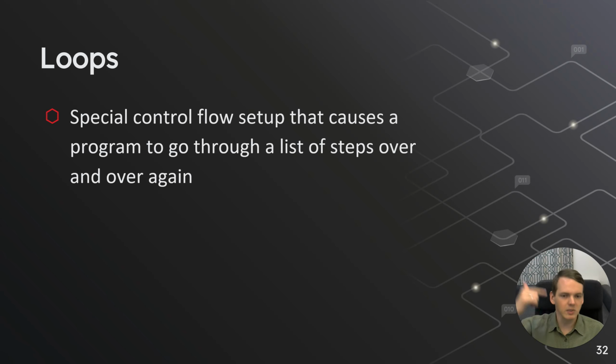It'll go through the same steps over and over again as long as some condition is true. An example might be a really basic game that's not very fun, but it just counts how long until you press the space bar. Then you might have a while loop that says, while the space bar isn't pressed, add 1 to the timer.